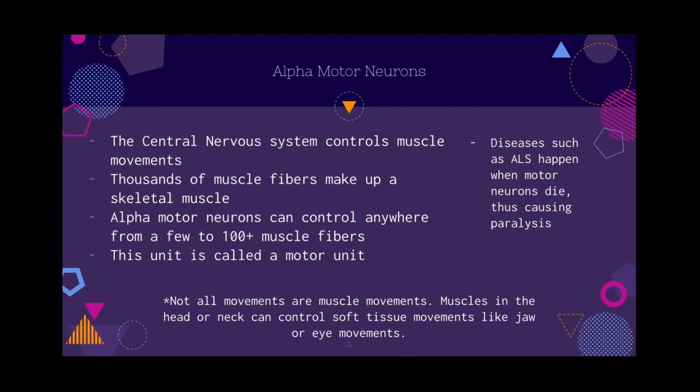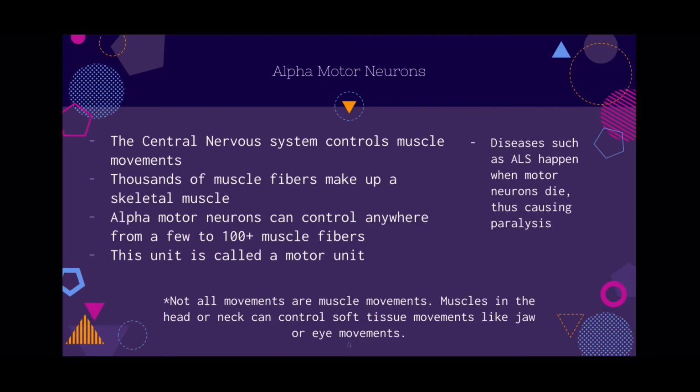When an alpha motor neuron controls several muscle fibers, it's called a motor unit. Diseases such as amyotrophic lateral sclerosis, or ALS for short, happen when motor neurons die. So the alpha motor neurons can't control the muscle movement, and this causes paralysis.